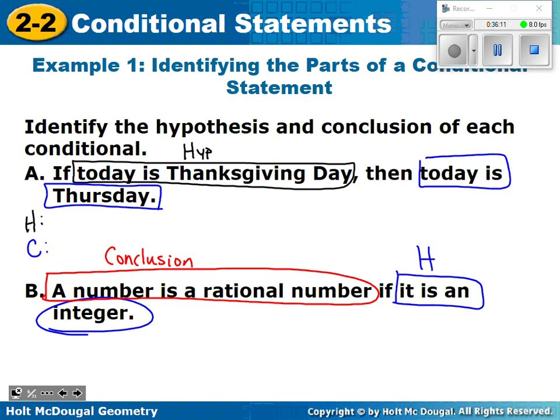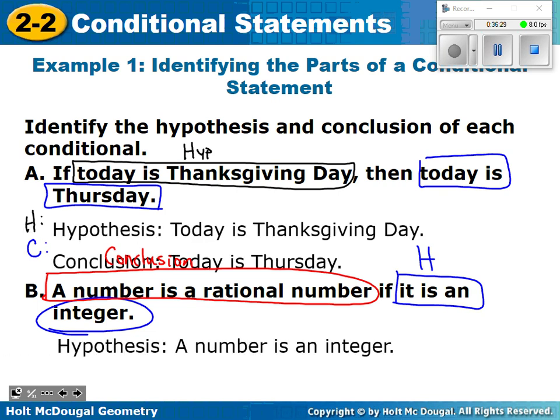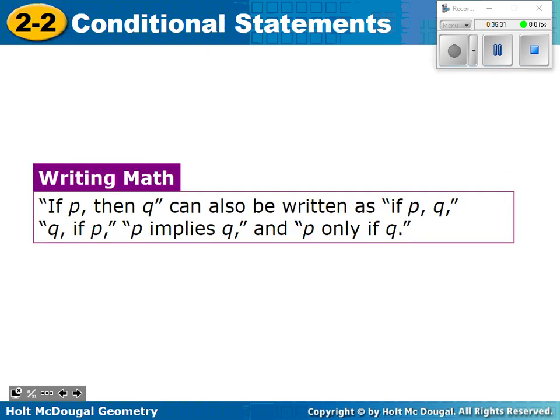If a number is an integer, then it is a rational number. When you start a sentence, always identify your subject. Does that make sense? Okay, so I'm going to be picky about that when you're writing your sentences. We'll practice, so no stress yet.